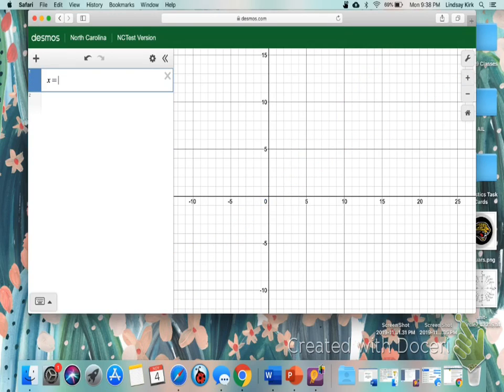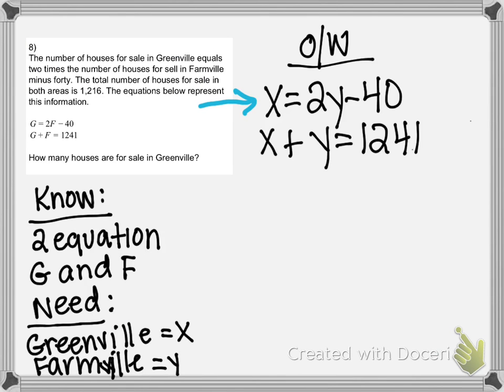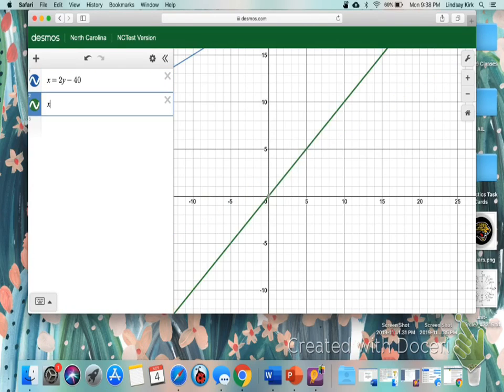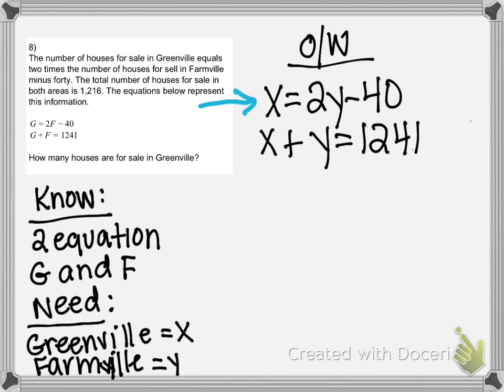So I have X equals 2y minus 40. And then we have x plus y equals 1241.